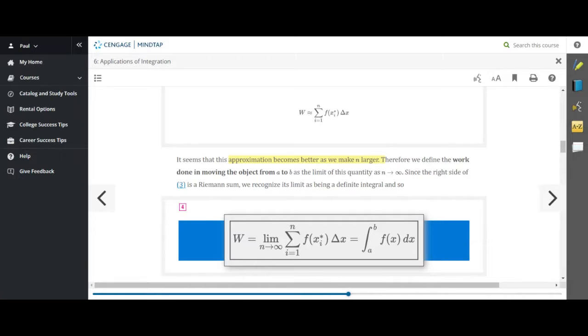I think we'll continue in the book here and look at some good examples, examples 1, 2, and 3. All right, let me know if you have any questions.